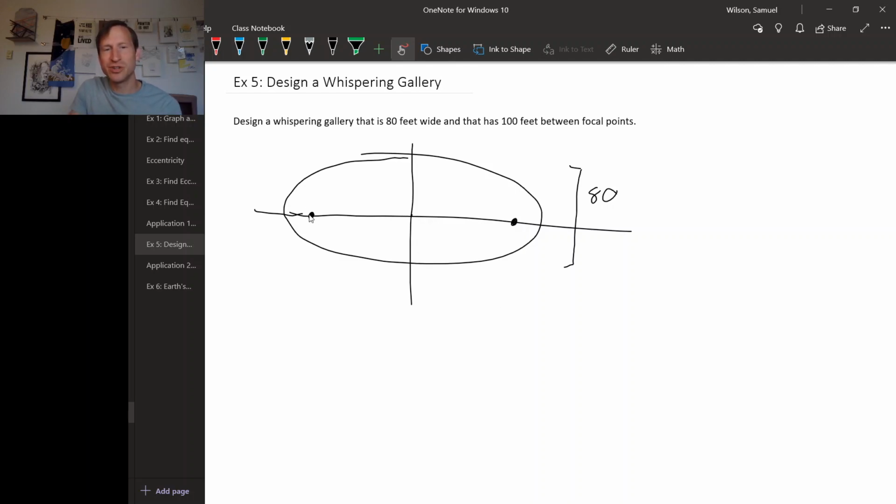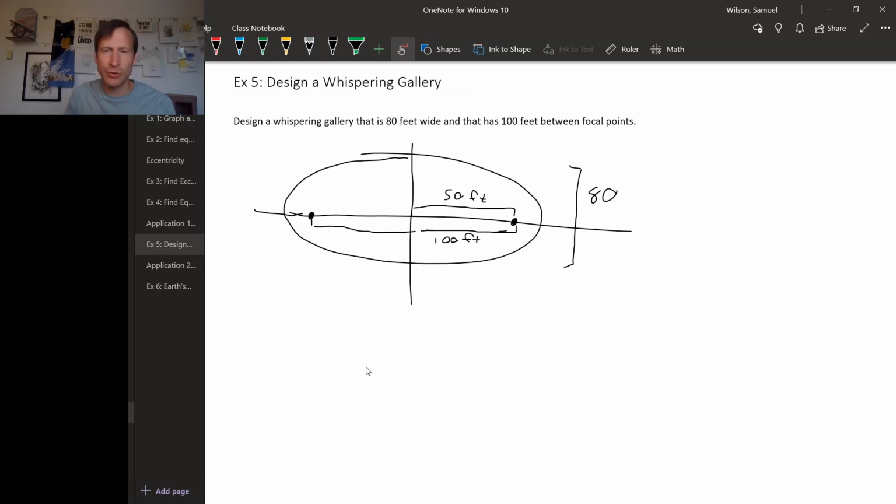We aren't totally sure yet where the vertex of this ellipse is relative to the focal point, but we do know that the distance between these foci is 100 feet. And that means that the focal radius, that's from the center to one of the foci, must be 50 feet.